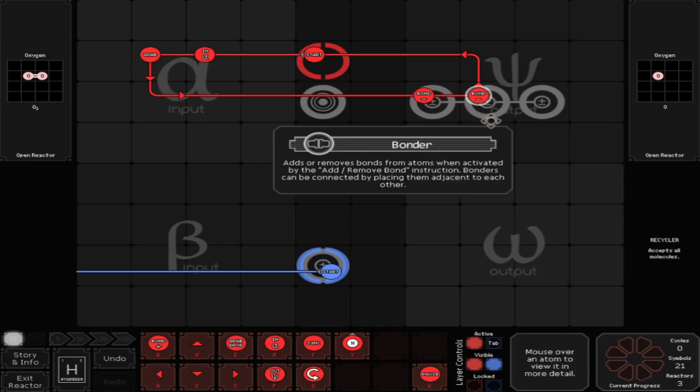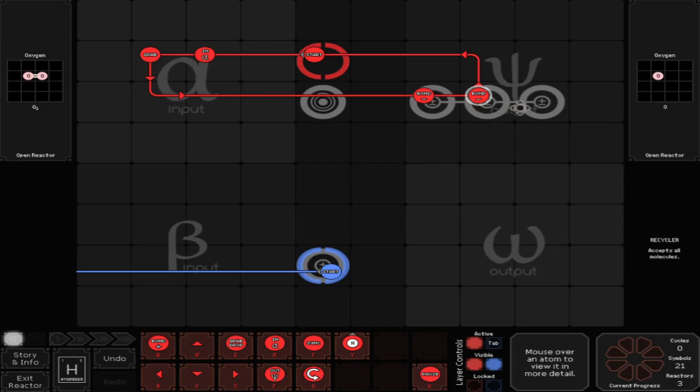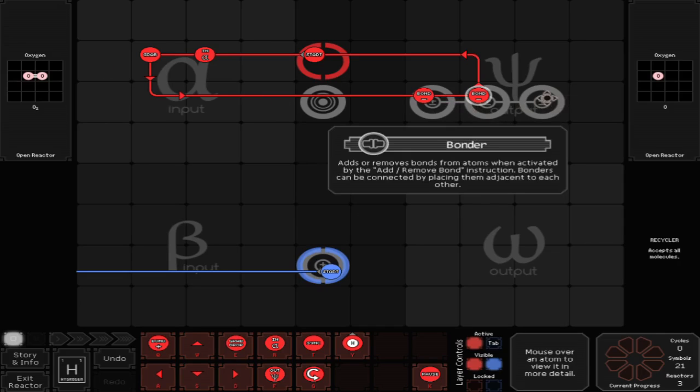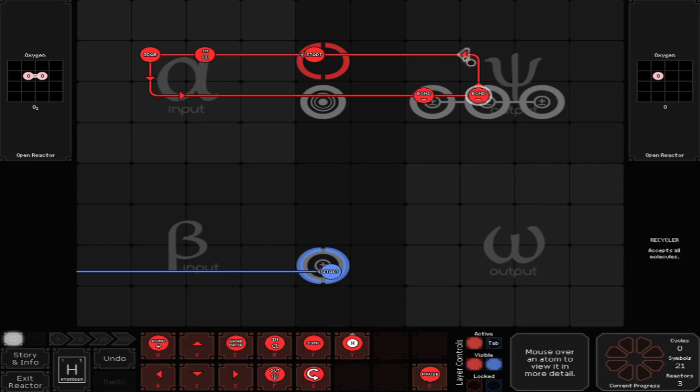What should happen is the oxygen atom he's not holding onto will be left behind right here. So then I can do kind of an extra loop-de-loop to take care of both atoms. There we go.